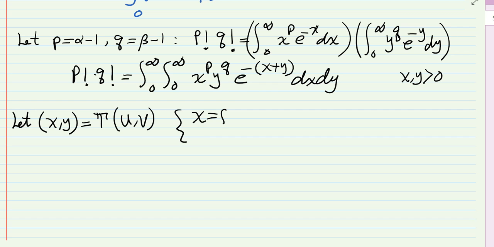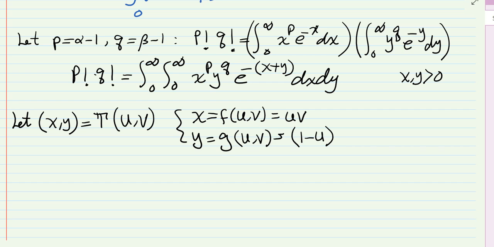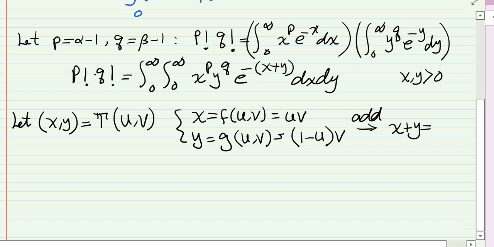So x, which is a function of u and v, is going to be the product uv, and y, which is another function of u and v, is going to be (1 minus u) times v. And once we add these two, we get x plus y is equal to v.